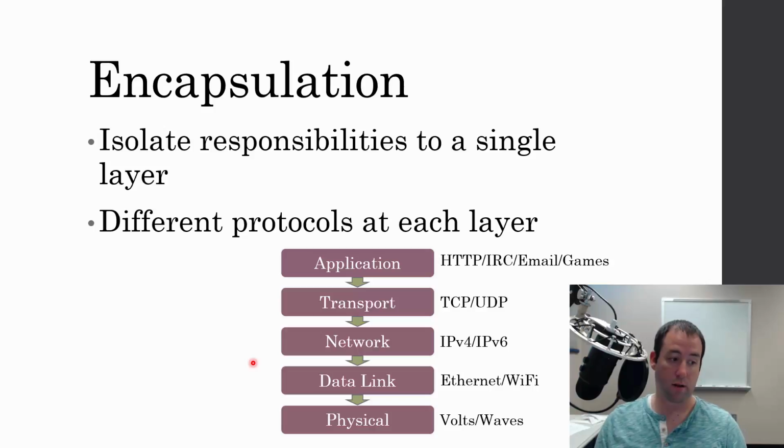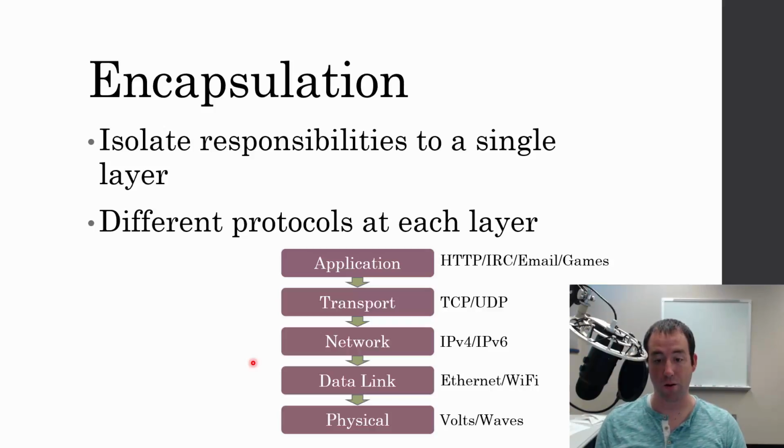If you're using a wireless medium like Wi-Fi, you're going to be using radio waves. And again, TCP doesn't care whether the data is being transmitted via electrical signals or radio signals. It's only handling its own thing. And the beauty of that encapsulation is that each of these layers does its own thing and doesn't worry about the rest, which is what makes it so simple to swap things out.